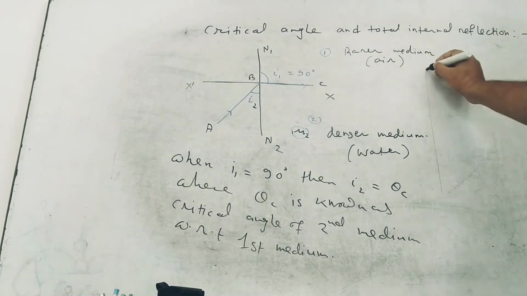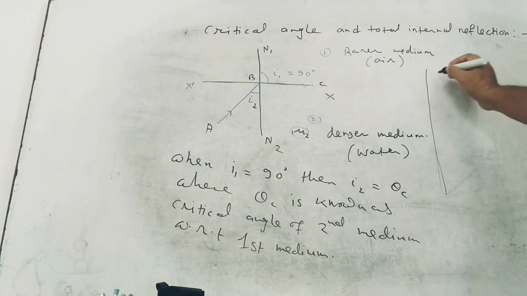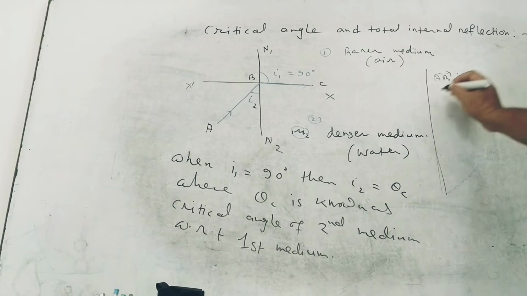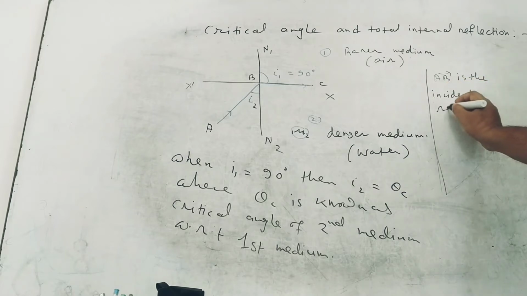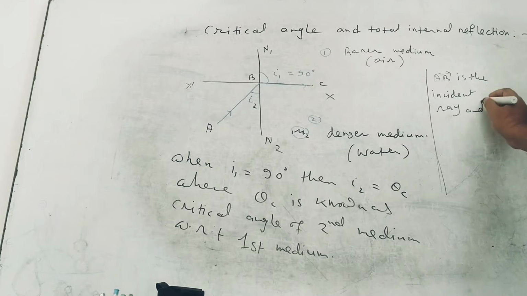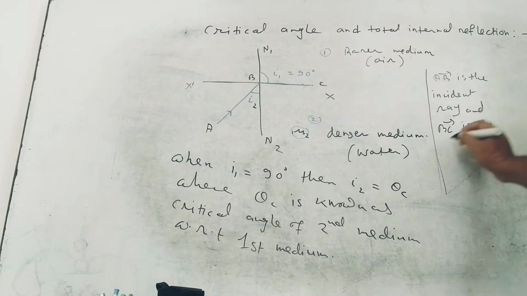In this case, AB is the incident ray and BC is the refracted ray.